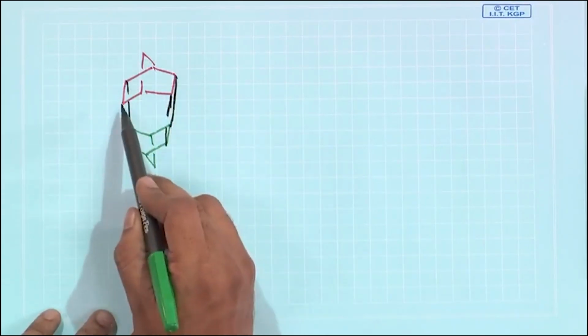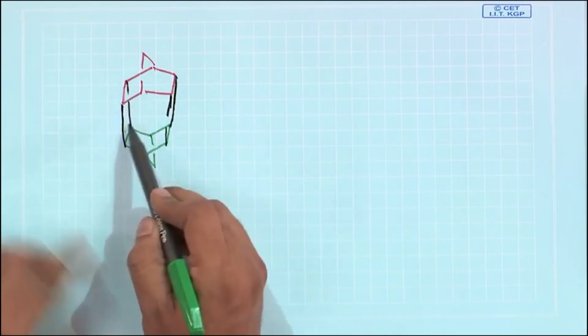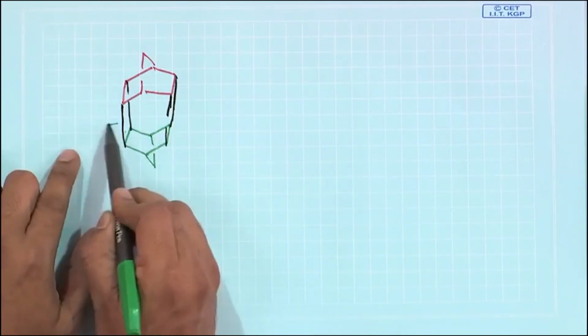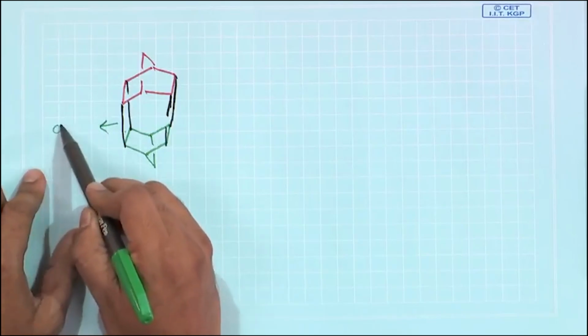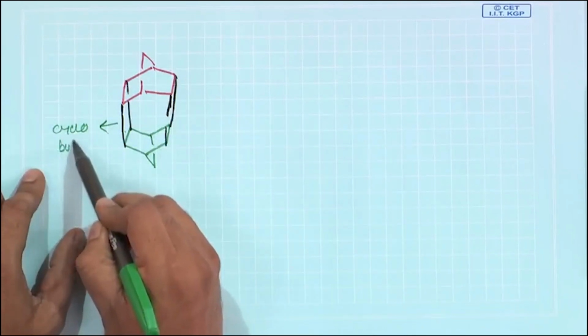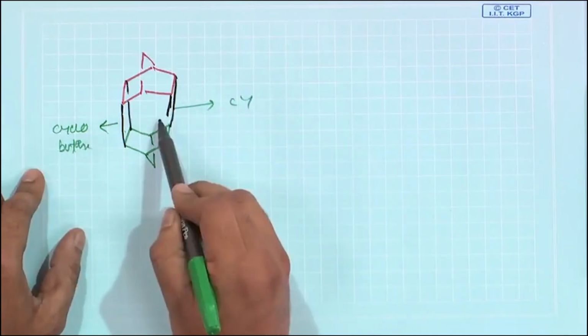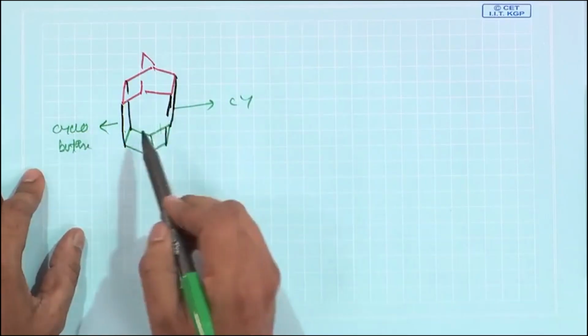Now, if you fuse the black colored thing, we basically connect the two norbornene through a 4-member ring. So, this is a 4-member cyclobutane, this is also a cyclobutane, the visualization.